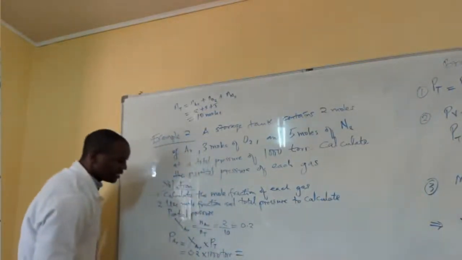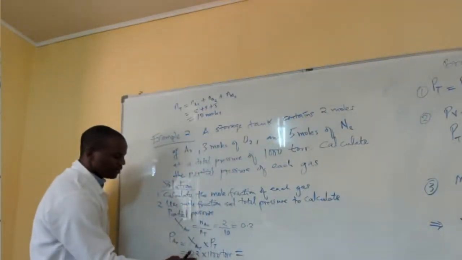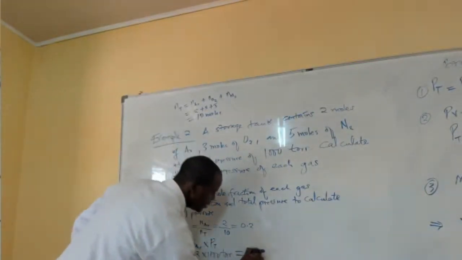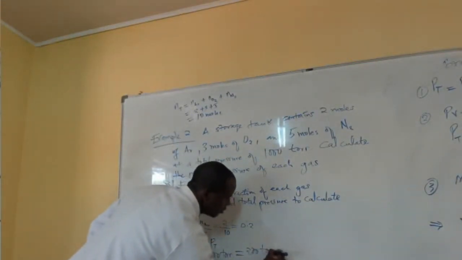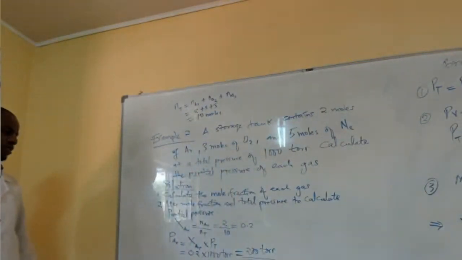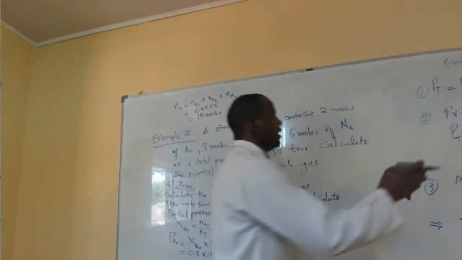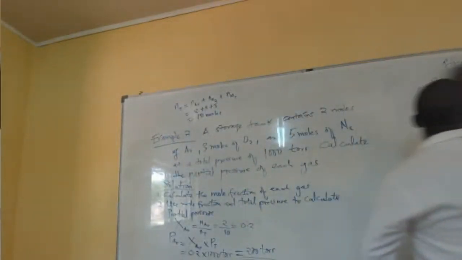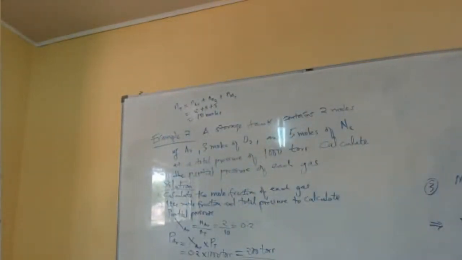Therefore, the partial pressure of argon is 0.2 times 1,000, which is 200 torrs. So that is the partial pressure of argon. Let's calculate the partial pressure of oxygen.